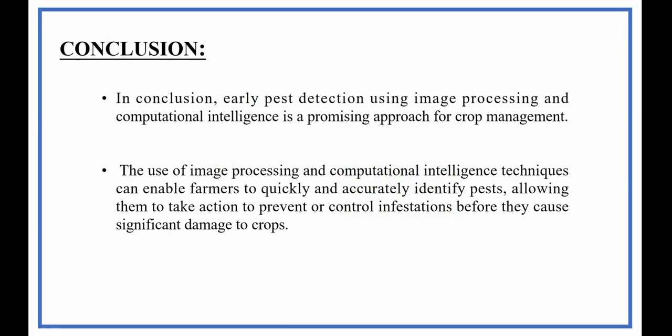This project demonstrated that combining image processing with deep learning leads to an efficient and scalable solution for early pest detection. This system not only reduces pesticide misuse but also empowers farmers to act on time, resulting in better crop health and yield.